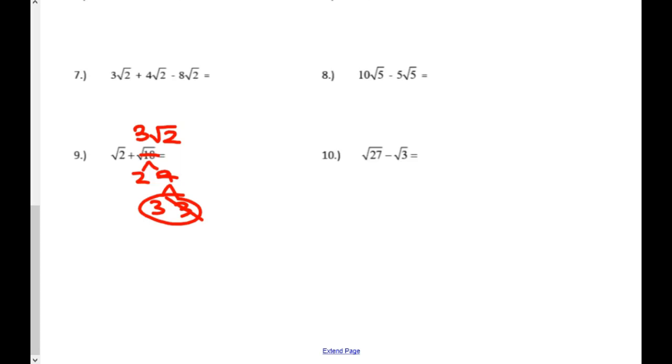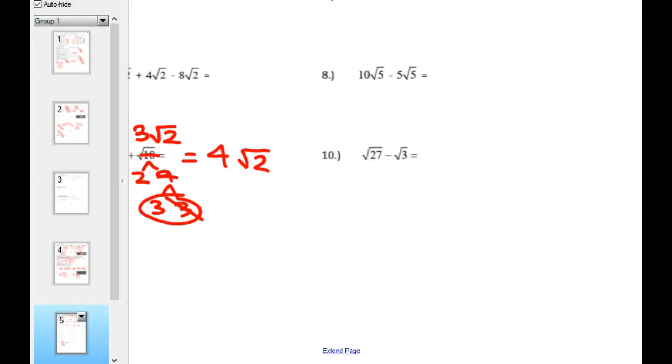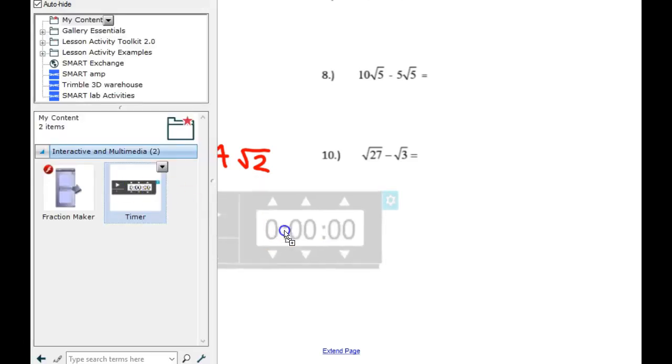Now let's rethink this problem. Can I add those 2 square roots? Now I can. So you see how you had to reduce first? Now we can add them up. I have a 1 square root of 2 plus a 3 square root of 2. That gives me 4 square root of 2. So that's kind of tricky. So when you get to number 10, think about number 9. Okay? So try 1 through 10. If you get stuck, obviously, we'll help you out.